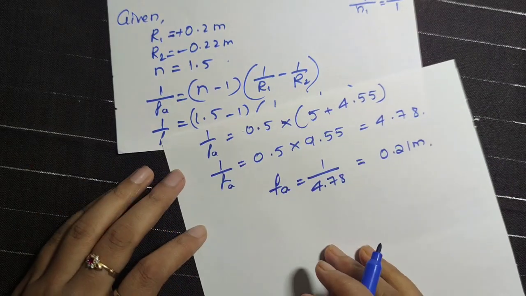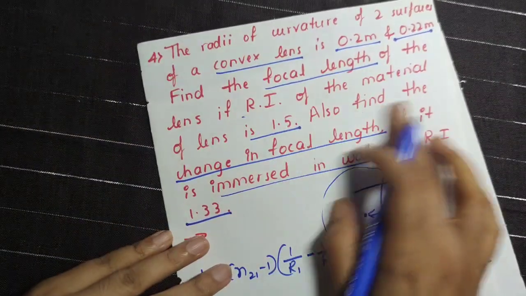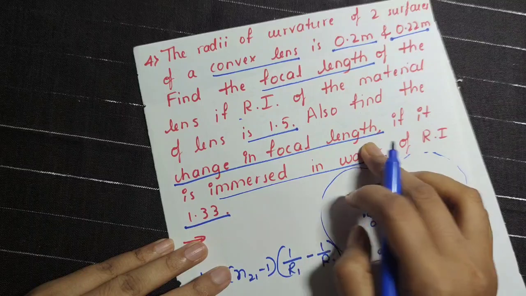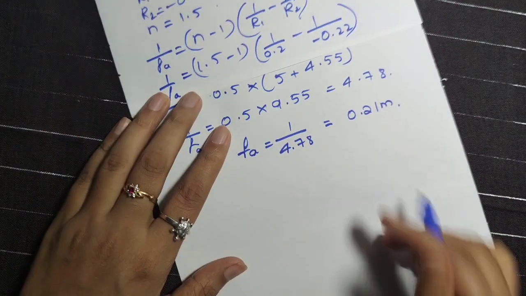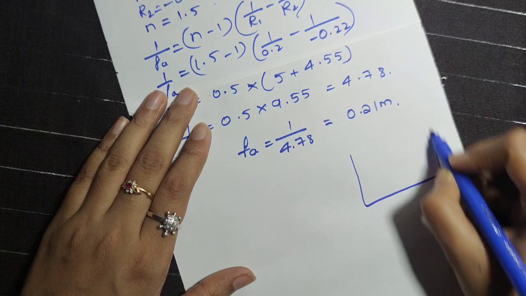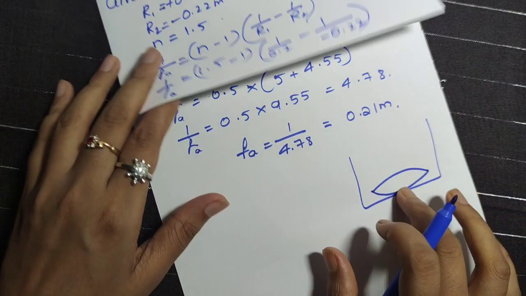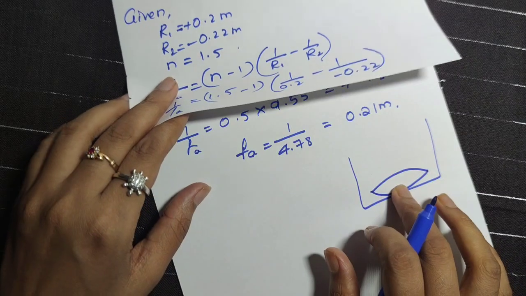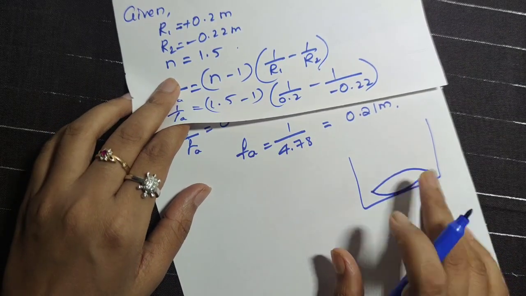Now they are asking to find the change in focal length if it is immersed in water. That means in a container they immerse this convex lens, and they are asking for the change in focal length in this condition.